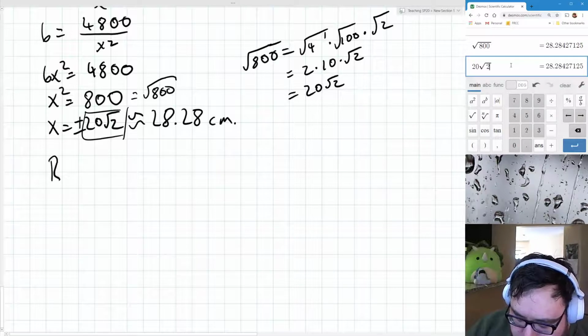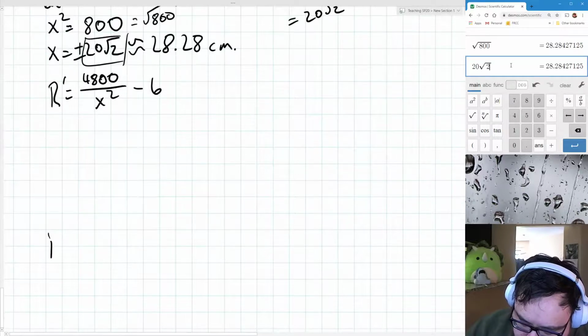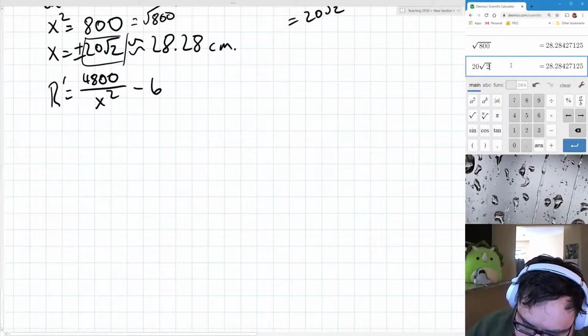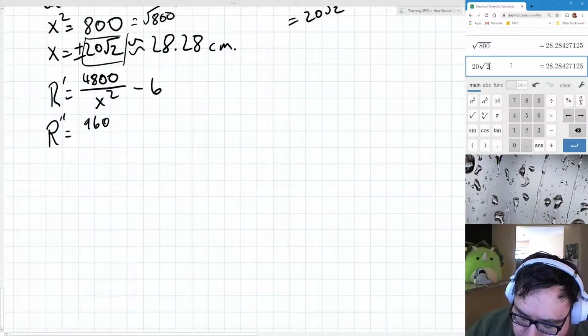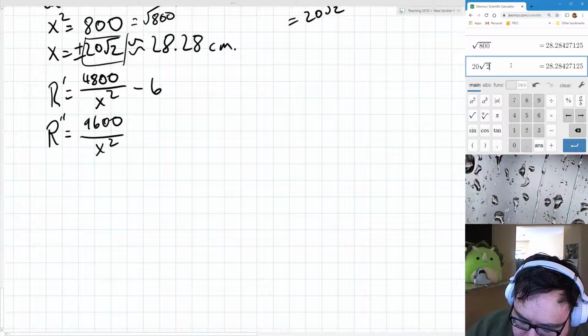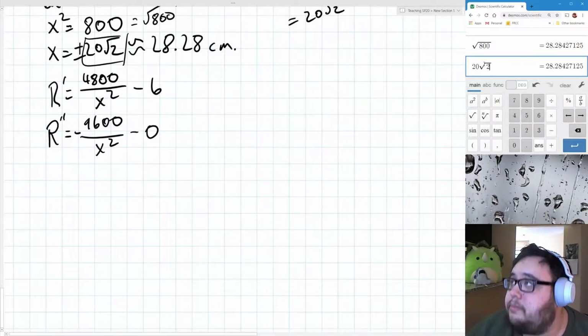R prime was equal to 4800 over x squared minus 6. So R double prime will be negative 9600 over x cubed, minus 0.